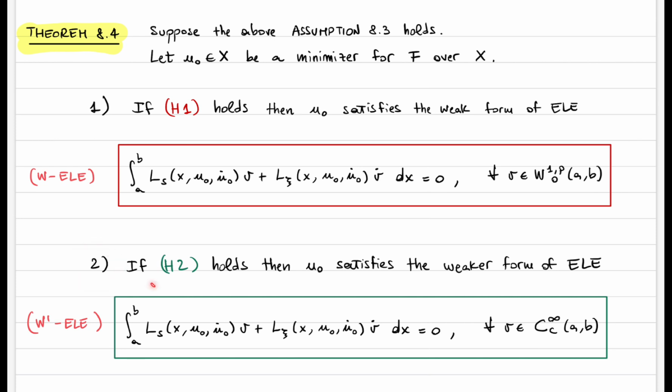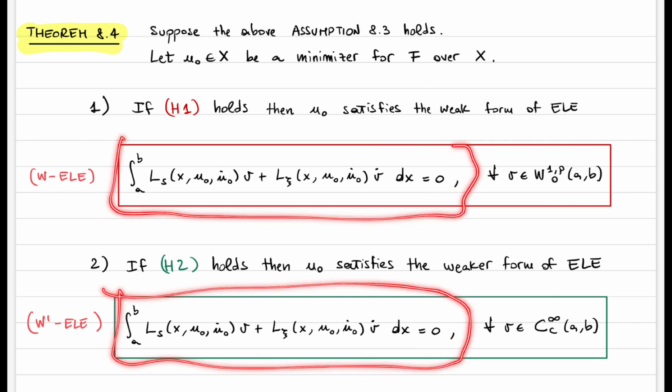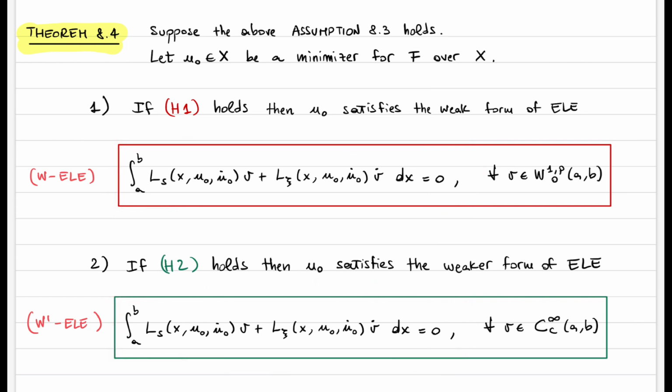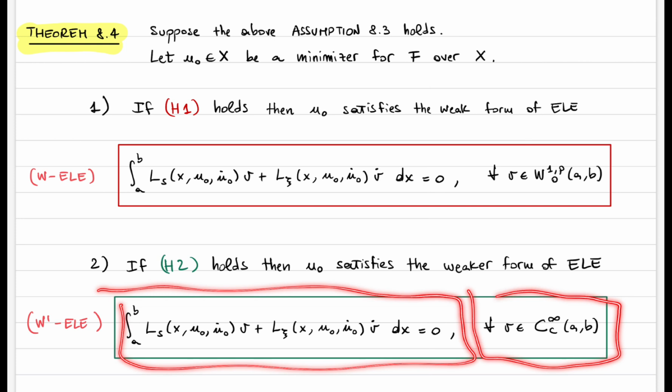Number two, if instead H2 holds, then u0 satisfies an even weaker form of the Euler-Lagrange equation, which is basically the same equation as above. So this one and this one are exactly the same equation, but you test against fewer test functions. This one has to hold for every v in C infinity compact of (a,b), whereas the other was holding for all functions in W^{1,p}_0.